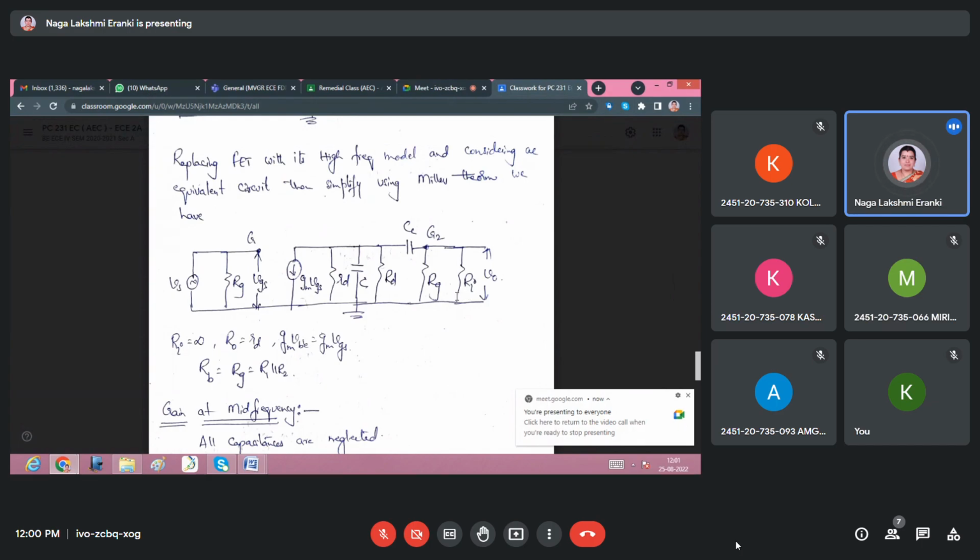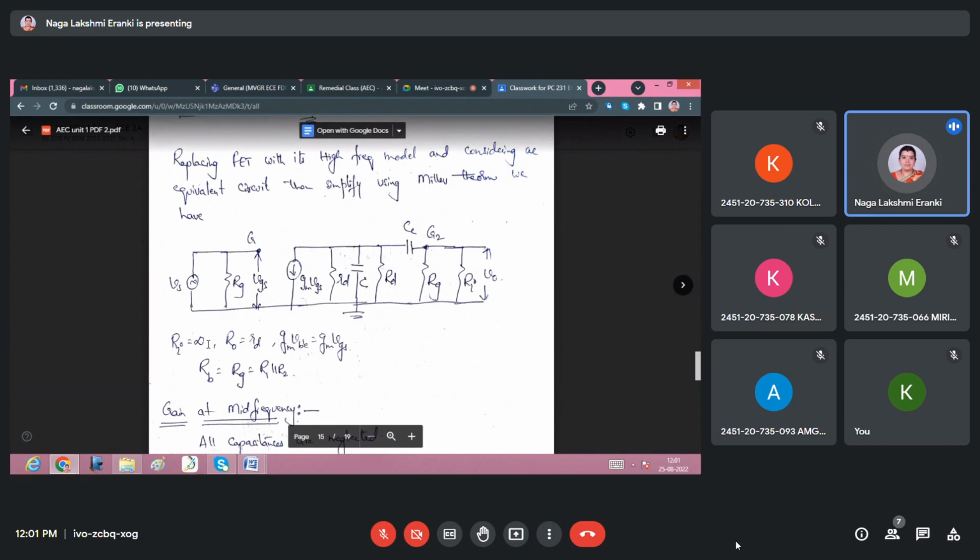So the parallel combination of these two will be approximately equal to R1 parallel to R2. RG is nothing but R1 parallel to R2, which is much less than RI. Hence the effective load of the first stage will be RG. RI can be neglected. RI is infinity, and R0 is RD in case of FET.